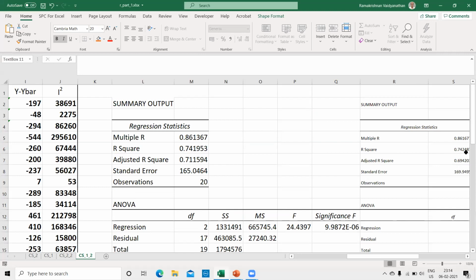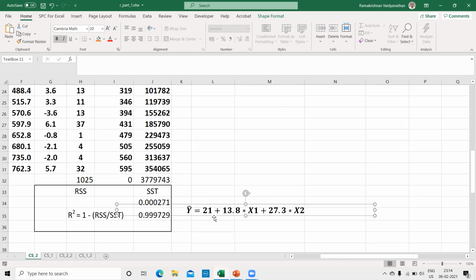Yeah, 0.7428. Previously 0.7419. R squared increases. It will increase, no, for 3 variables compared to 2 variables. But we will see adjusted R squared, what happens: 0.7116. Here it is 0.6942.